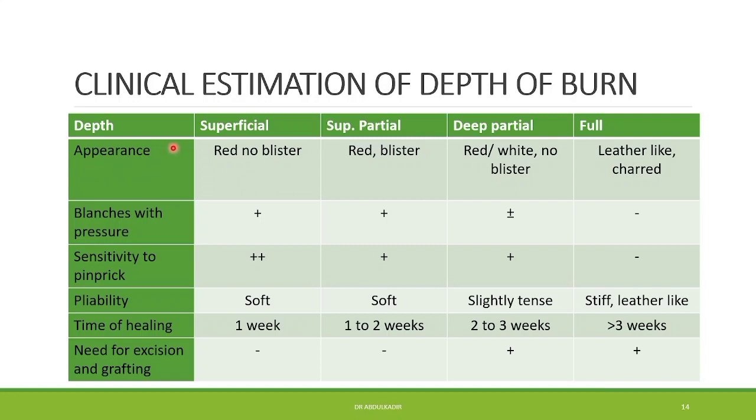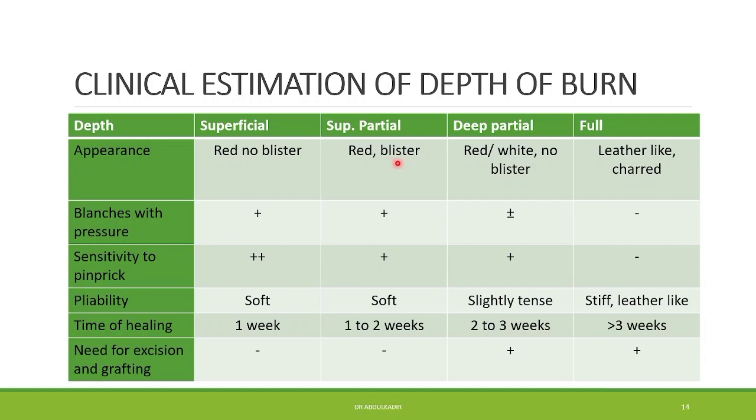We will look at the depth of the burn, the appearance, and all of these elements. If we look at the appearance, in superficial burn it appears red but with no blister, while superficial partial thickness will cause blisters.